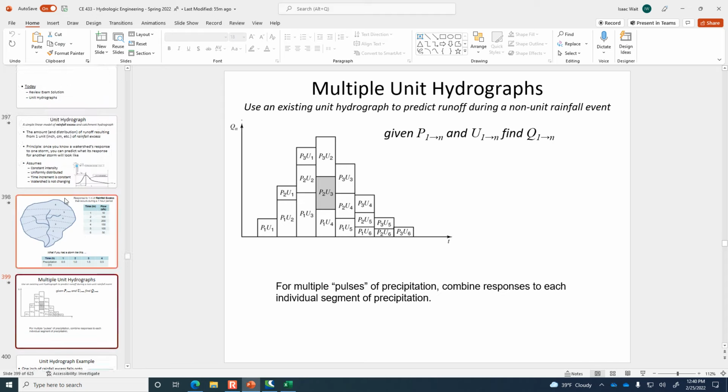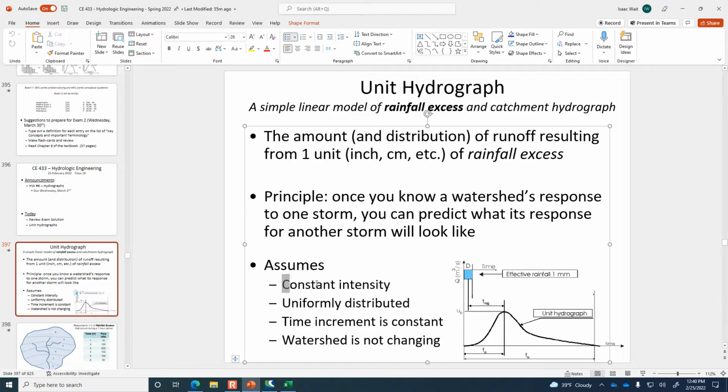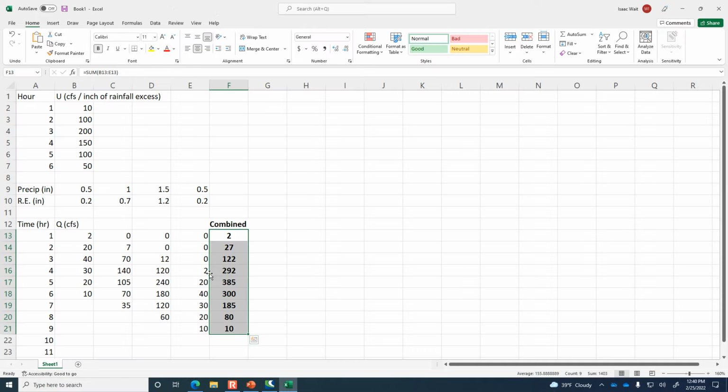So the assumptions being it's a constant intensity during the hour period, that the rainfall is everywhere in the watershed, it's not variable within the watershed, that we're doing this in 1 hour increments, which we did, and that the watershed is the same now when it's experiencing this series of pulses. The watershed itself is the same as when we generated the unit hydrograph.